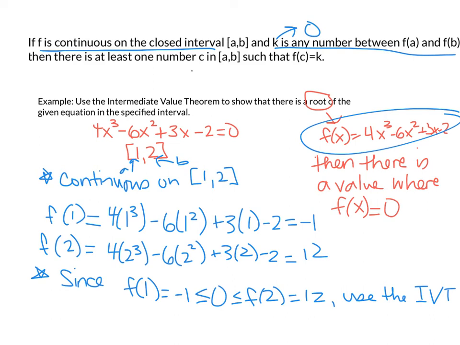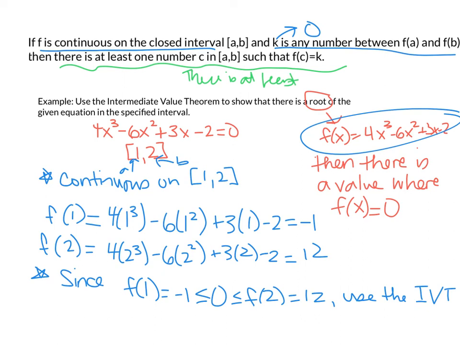So we use the IVT, the intermediate value theorem, and so now that's where we can look at the then part. This says then there is at least one number c in [a, b] such that f of c equals k. So I'm going to rewrite that in terms of the numbers that we have here. I'm going to say there is at least one c, we don't know what the c is, by the way.